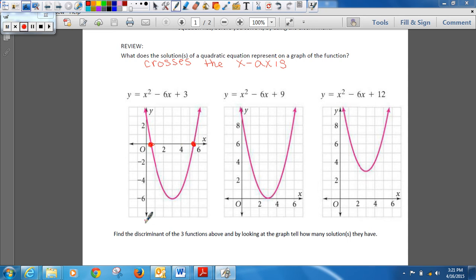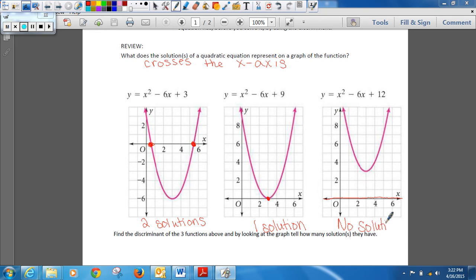So if I were to solve this, this one should have 2 solutions. This one crosses or touches the x-axis at only 1 point, so it has 1 solution. And then finally, this one does not touch the x-axis at all, so this has no solutions.